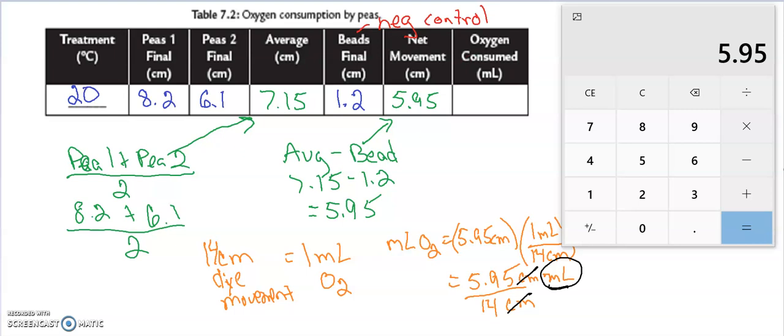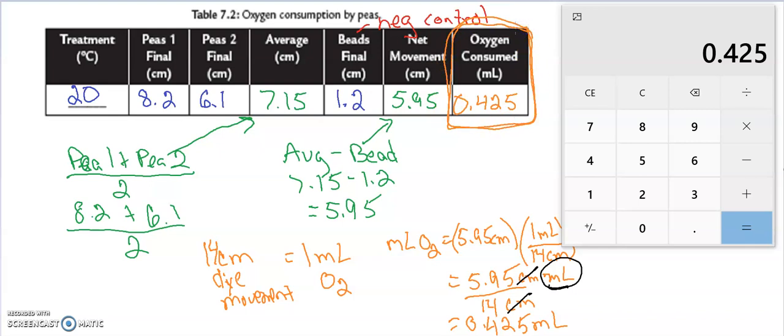So 5.95 divided by 14 on the calculator will give us a total of 0.425 milliliters of gas. And that's what you would put here. So 0.425. And this is your answer that you are going to share with your class.